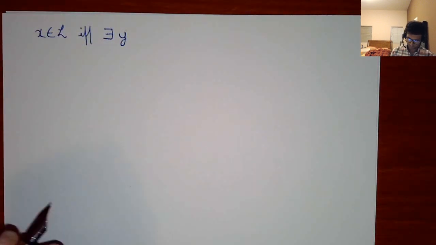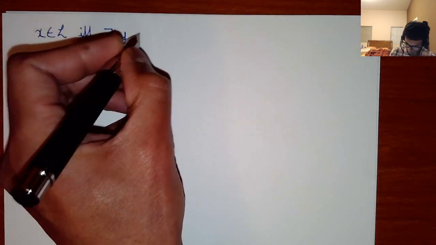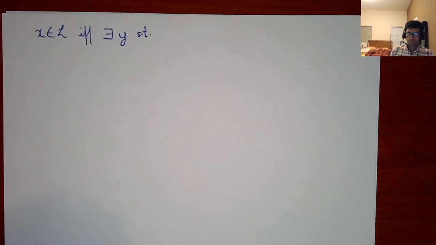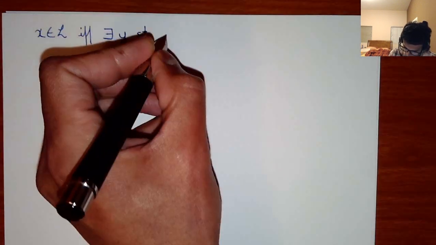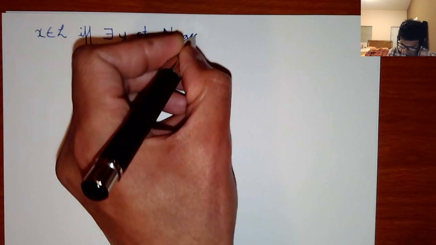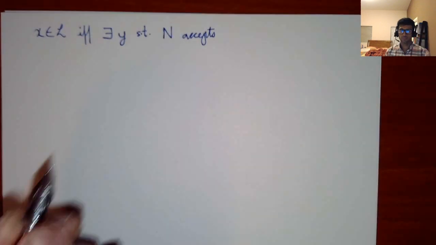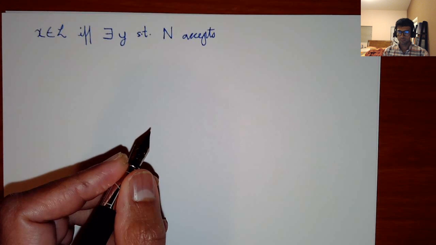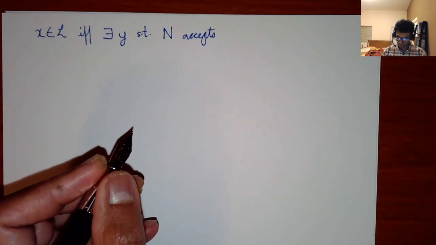So if we could prove that, then we would say that x is in L if and only if there exists a y such that N accepts.